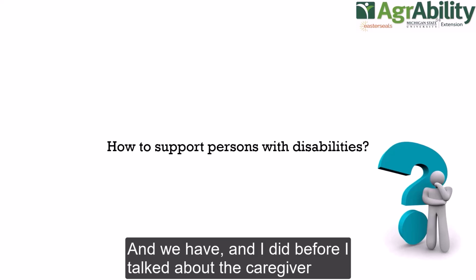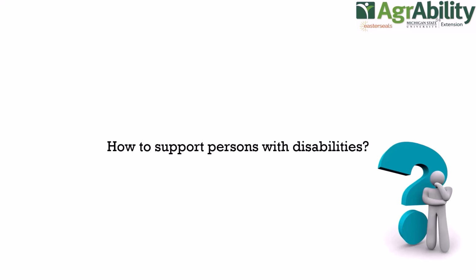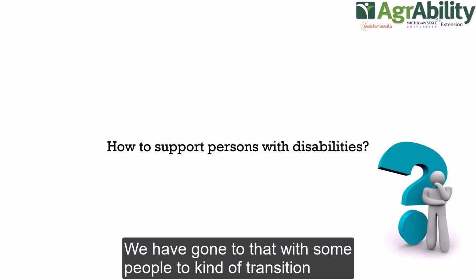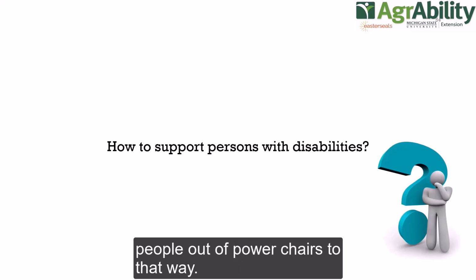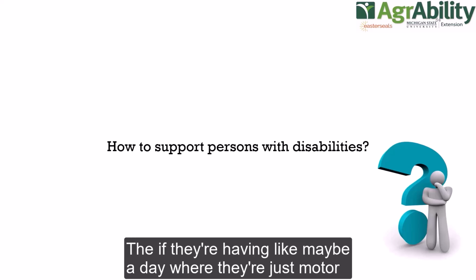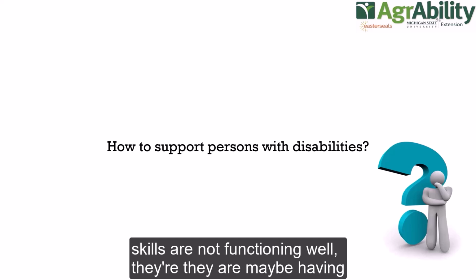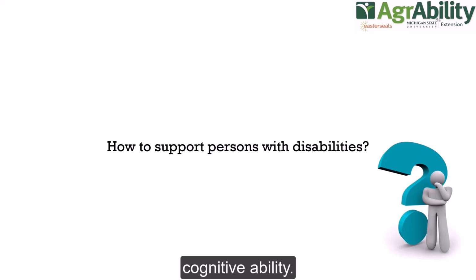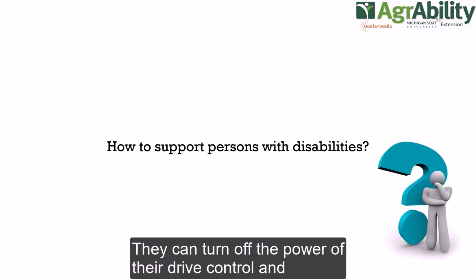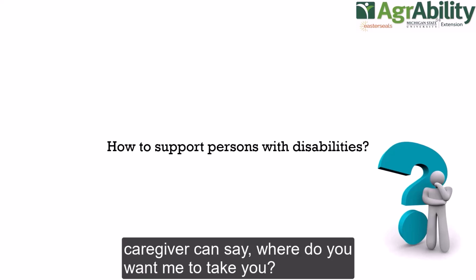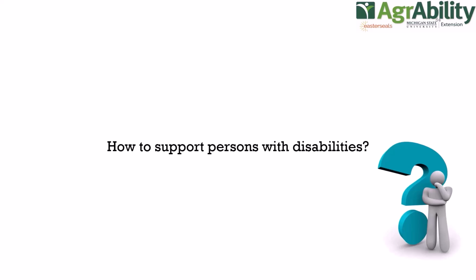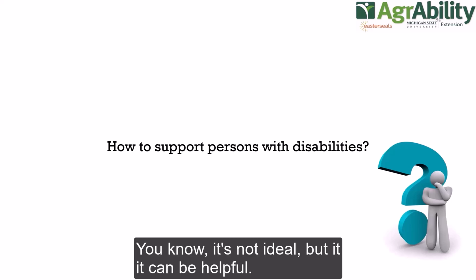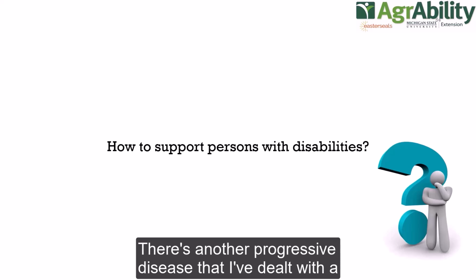I talked about the caregiver joystick before. We have gone to that with some people to transition them out of power chairs, if they're having a day where their motor skills are not functioning well, or they're having some behaviors because of a decline in their cognitive ability. They can turn off the power of their drive control, and the caregiver can say, "Where do you want me to take you?" It's not ideal, but it can be helpful.